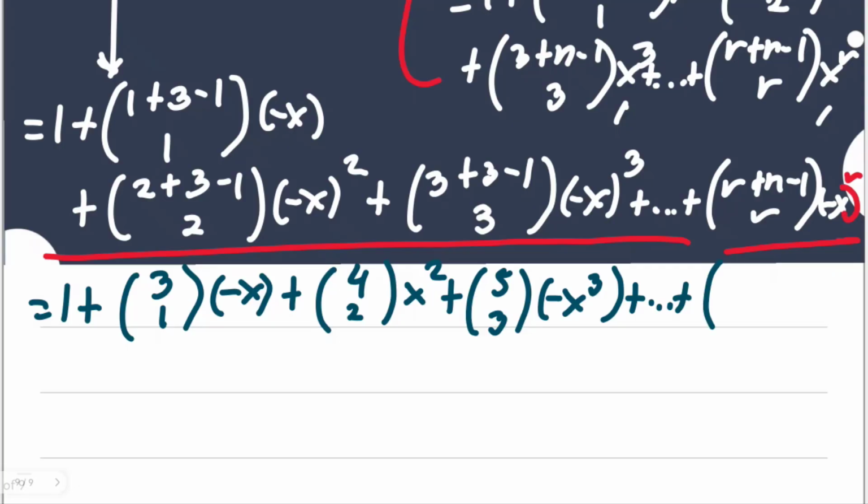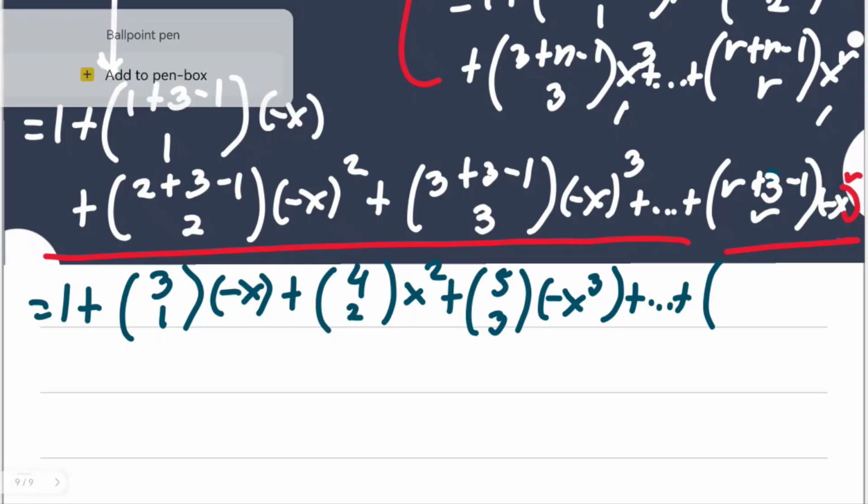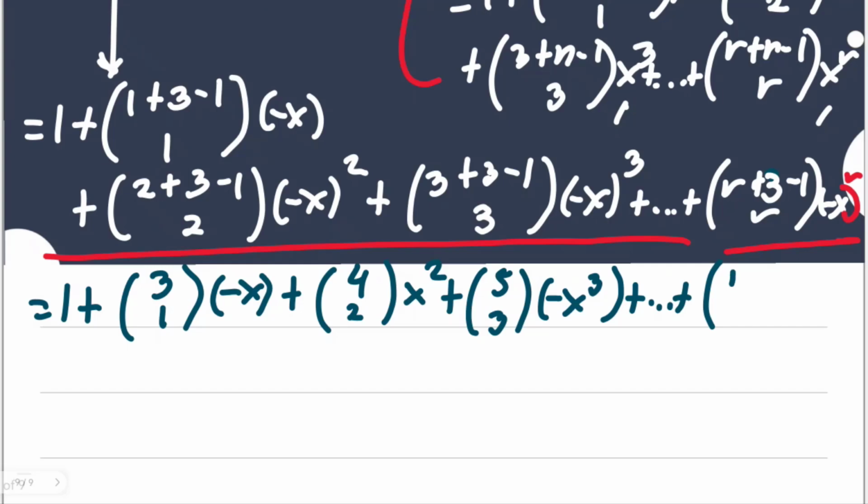Sorry, your n actually was 3, so we can have the general form here as r plus 2 combination r of the negative x raised to the power of r.